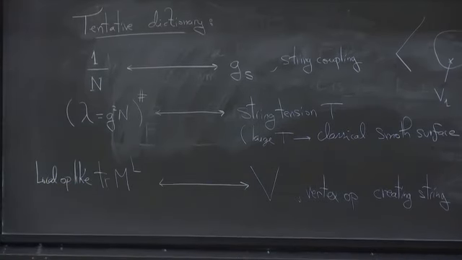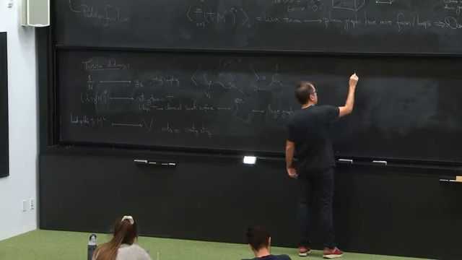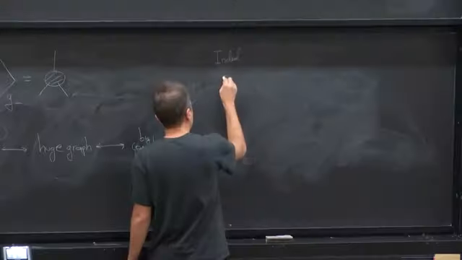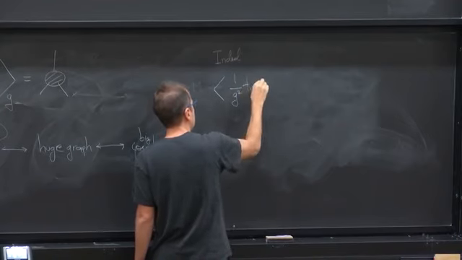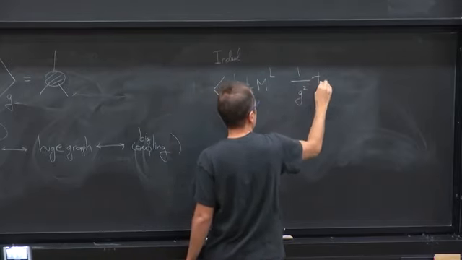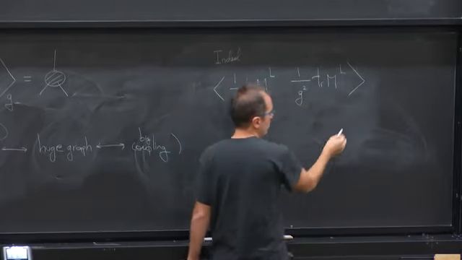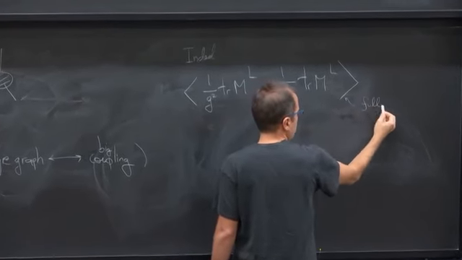Why do we say that these kind of objects create a string? So indeed, suppose we consider the expectation value of two of these guys, 1 over g squared, it's our favorite normalization, 1 over g squared trace of M to the L. And here I'm doing it, you see I'm not putting a 0 here, so here I'm doing it in the full matrix model.